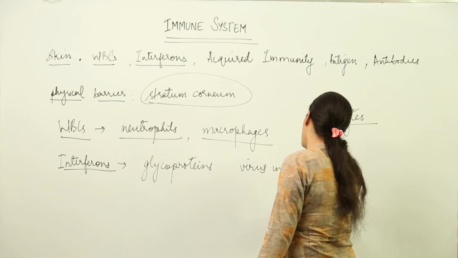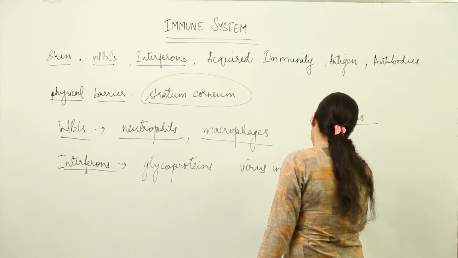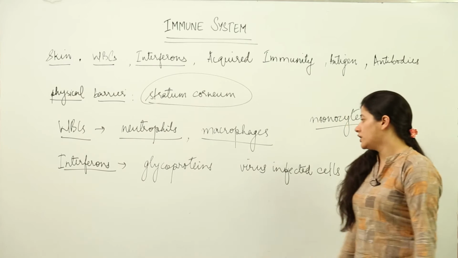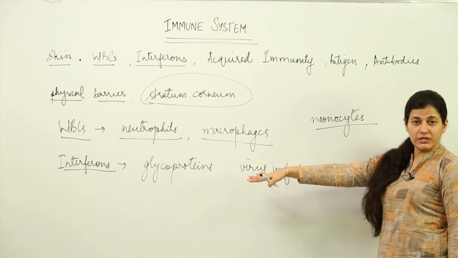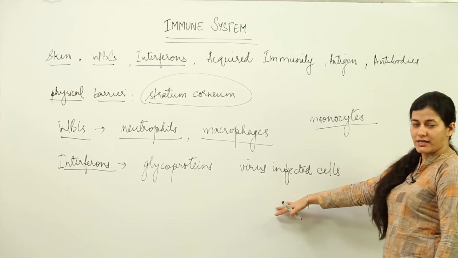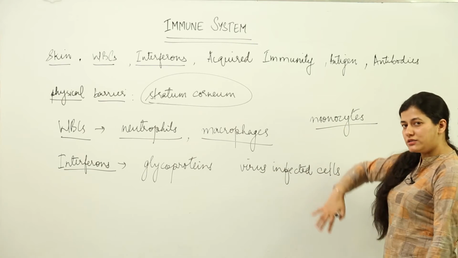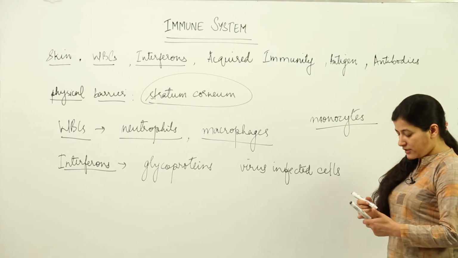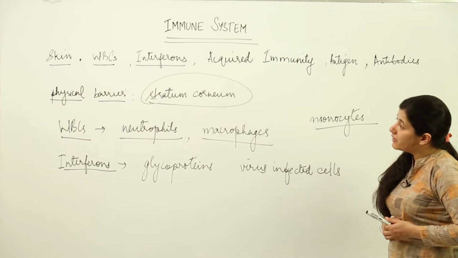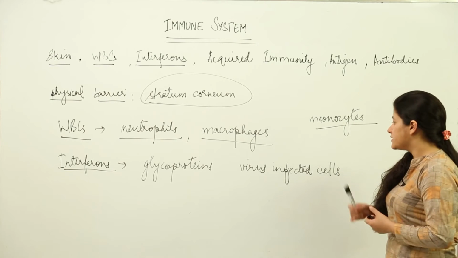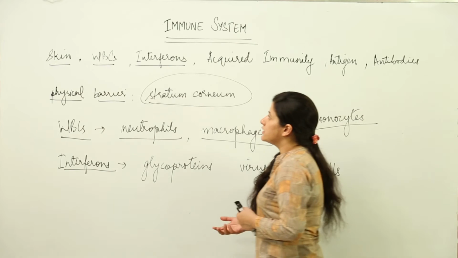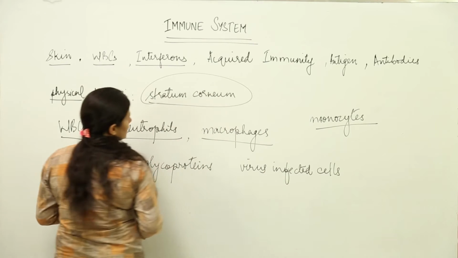So we have virus infected cells which release glycoproteins known as interferons, and then these cells invite other cells so that they can be digested or eaten up, and in a way the viral cells could be killed. And once the cell has been killed, then certainly the virus will not be able to spread the infection.